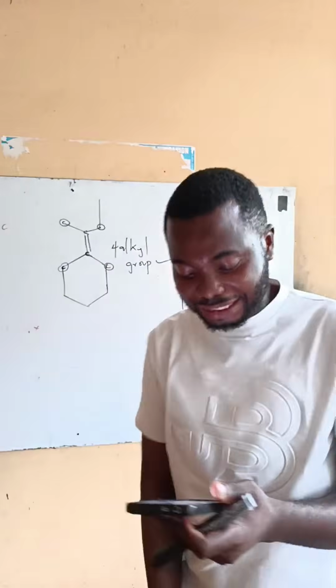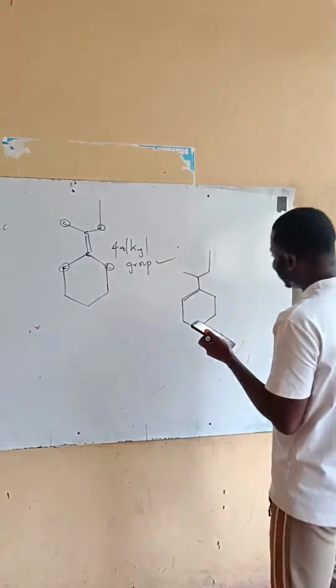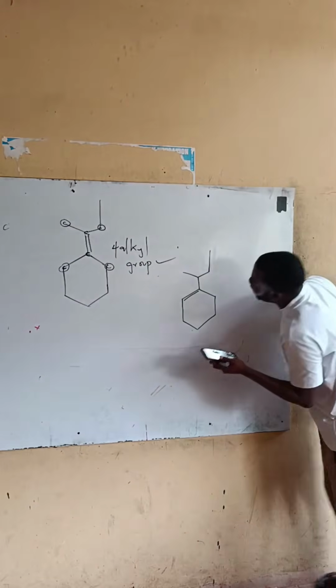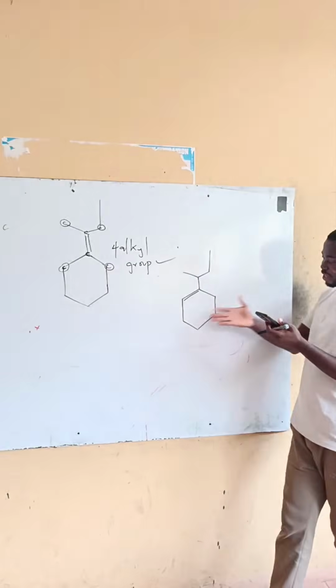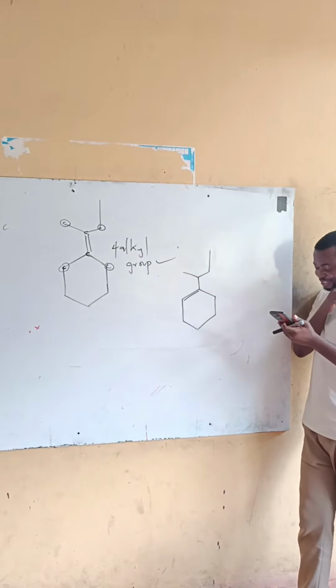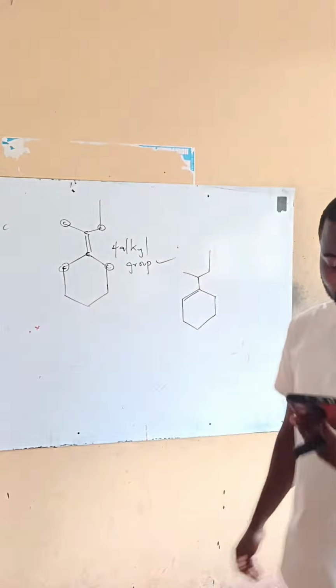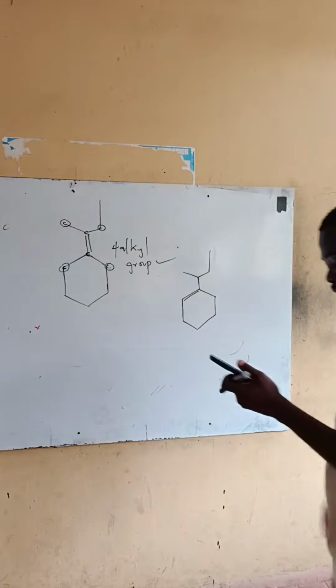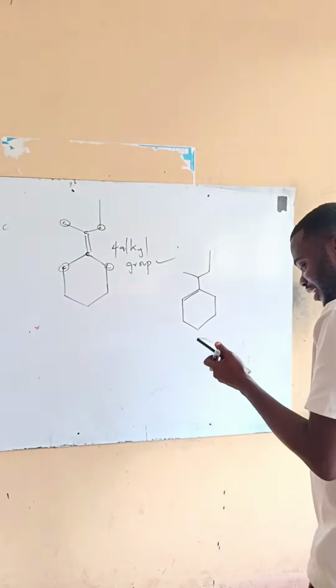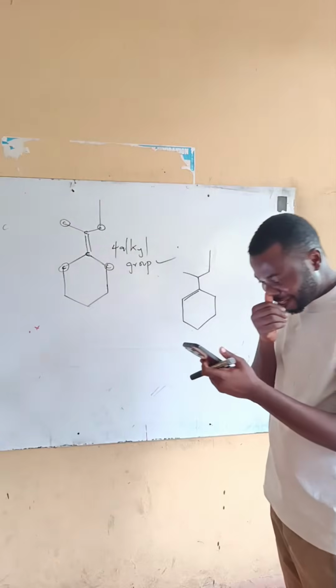People online, what's the answer? How many alkyl groups are here? Some people are saying 3 when I already answered the question myself. 3. People on physical distance, who is saying 1 now? 2. Who is saying 2?